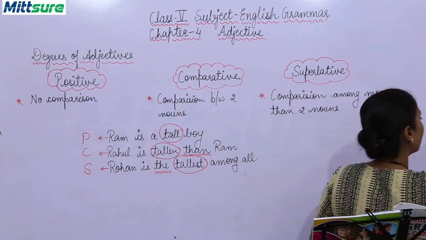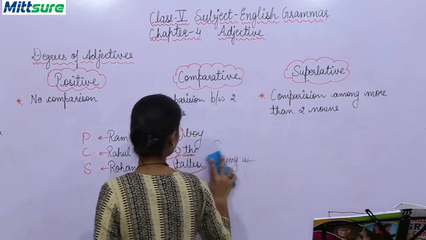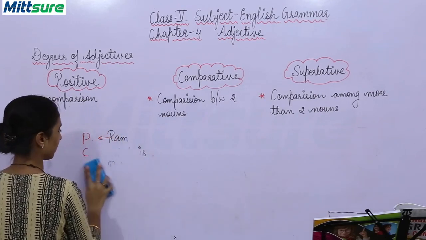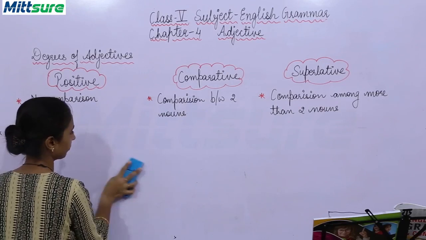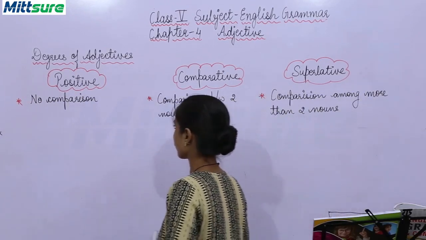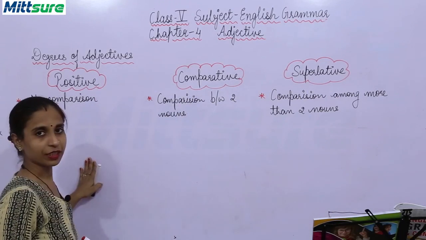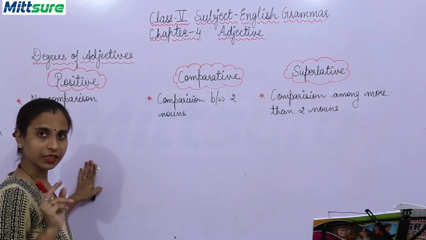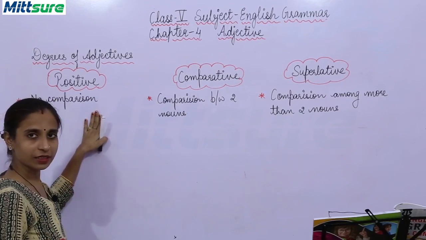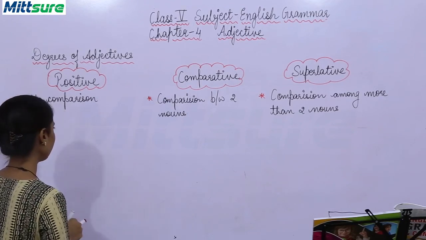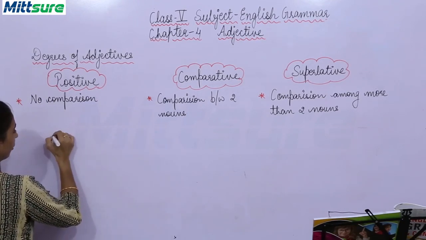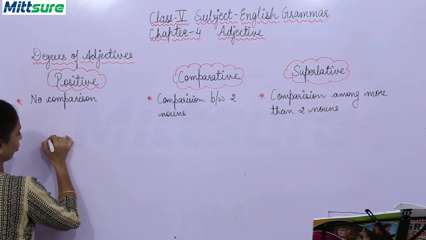Now let's move to how to change positive degree into comparative and superlative. See, in the positive degree the adjective is in its original form, so there is nothing to be done. For example, take tall, or say, take short.